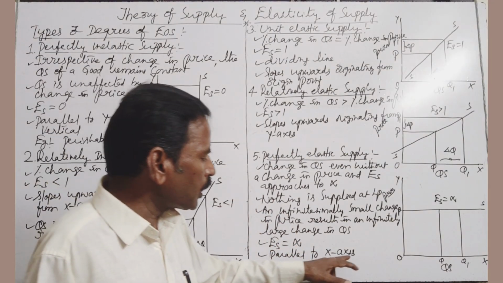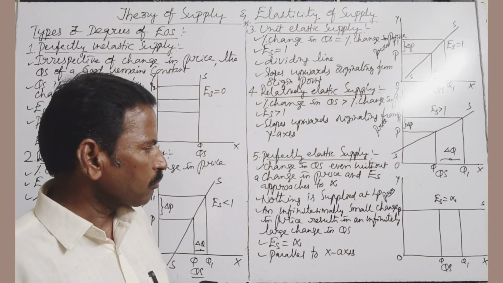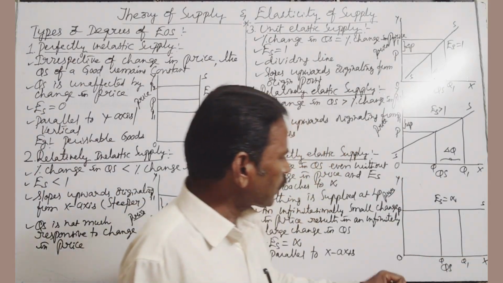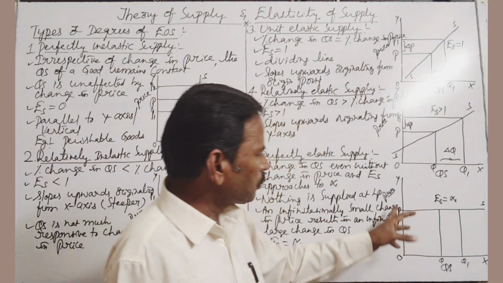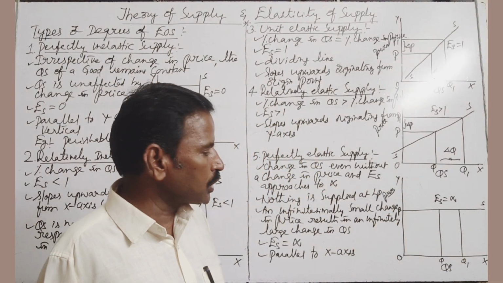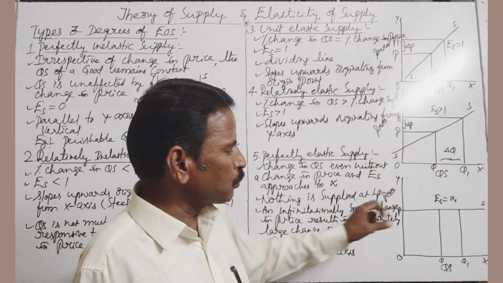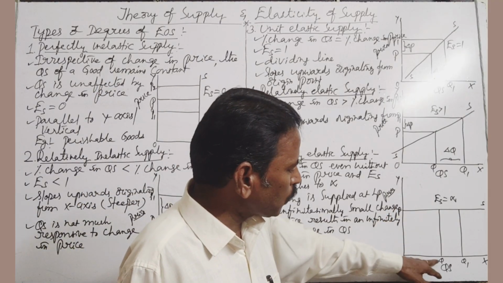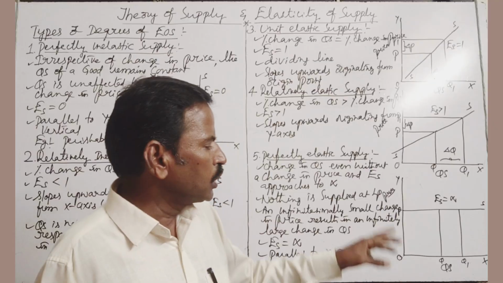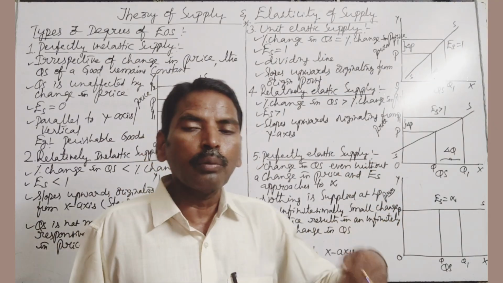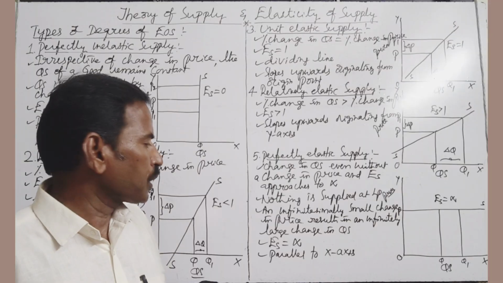The supply curve is parallel to the x-axis. If we observe this diagram, draw an L shape, mark YOX, price is measured on the y-axis, quantity supplied is measured on the x-axis. Price is OP, so OQ quantity, OQ1 quantity. So no change in price, yet quantity supplied approaches infinity.